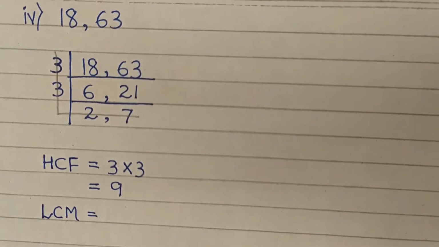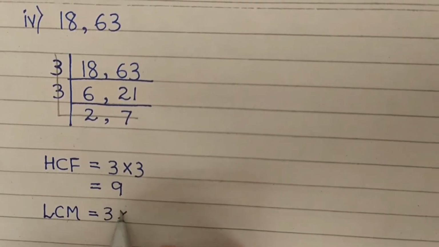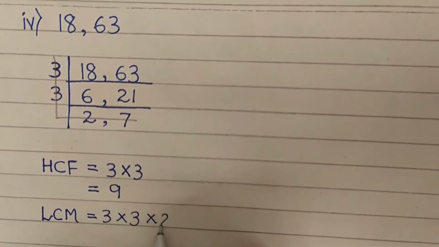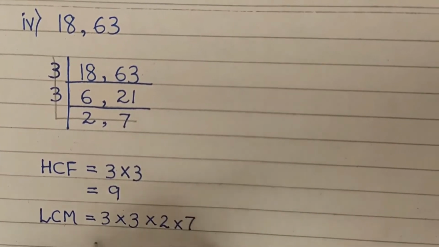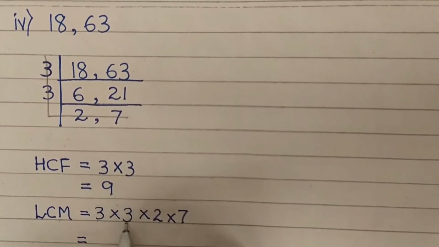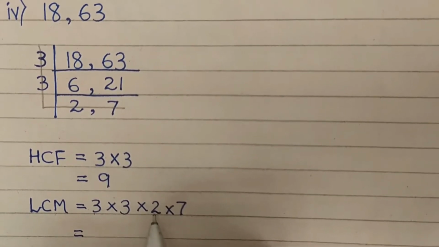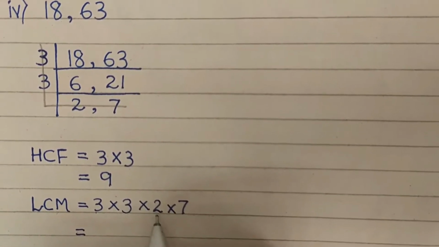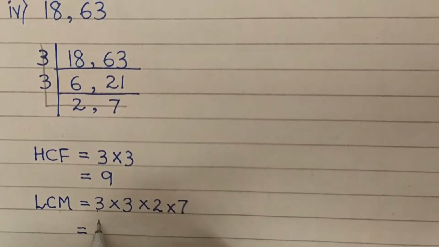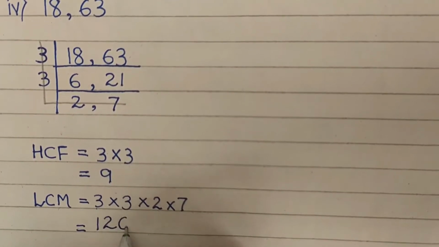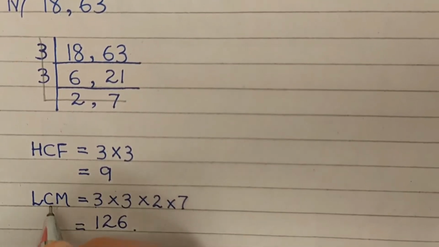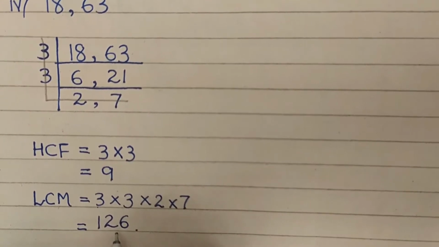That is 3 into 3 into 2 into 7. 3 into 3 is 9. 9 into 2 is 18. 18 into 7 is 126. So LCM is 126.